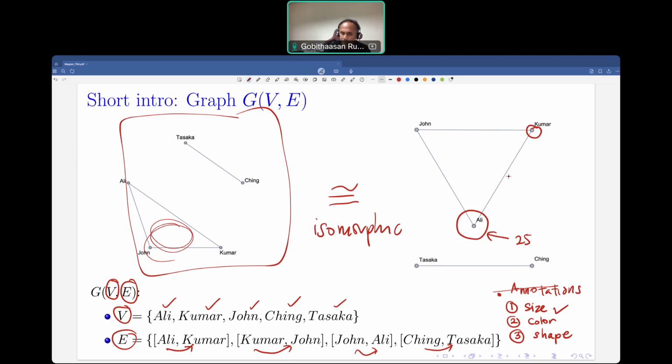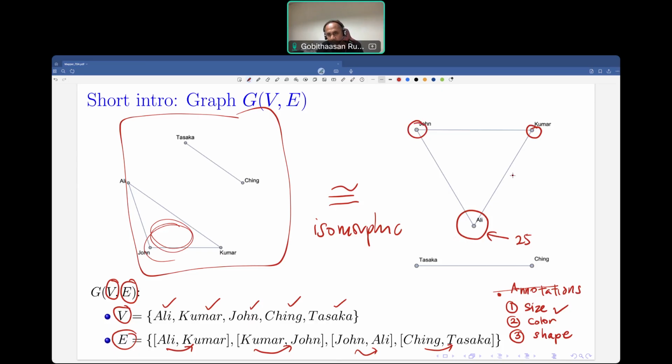And John is, let's say, also 15, so John gets a similar size circle to Kumar, right? This is how it looks when I annotate or add information on the age.